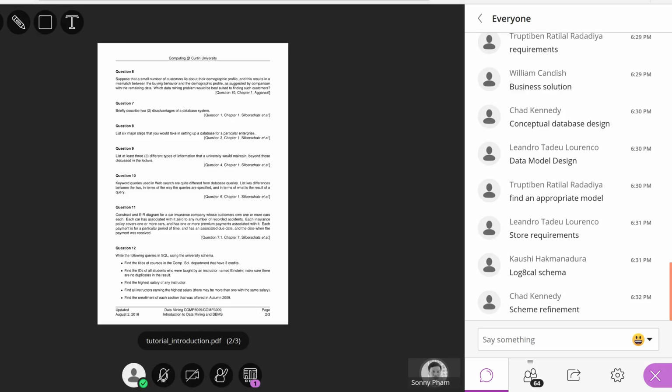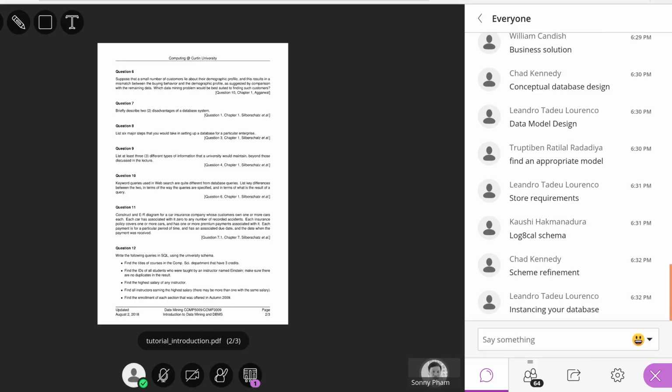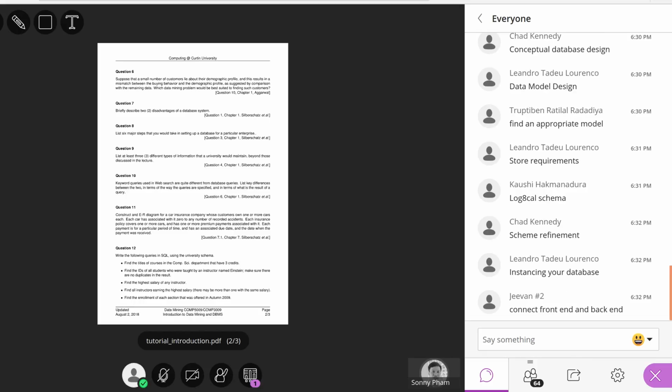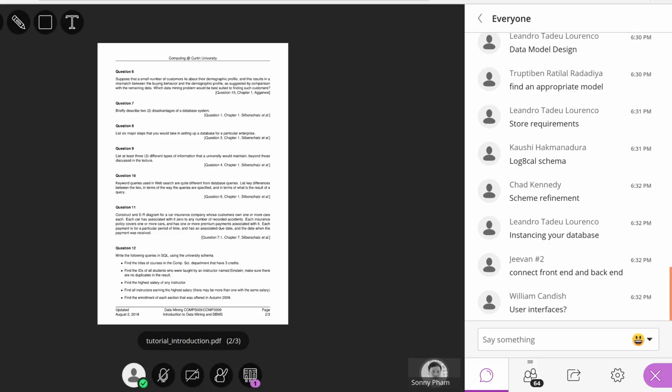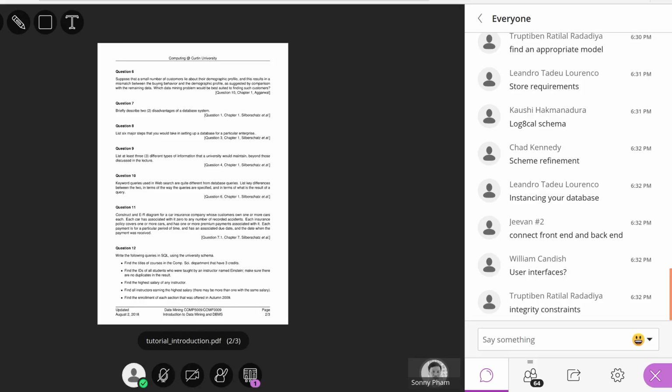Yep. Okay. You might do some schema refinement on top of that. Yeah, so that's also good. Okay. What else? So you set things up. Yeah. Okay. Yeah. User. Yeah, that's what I'm looking for. User. Right.